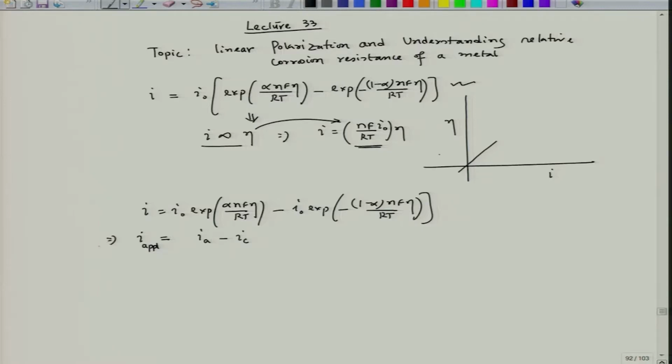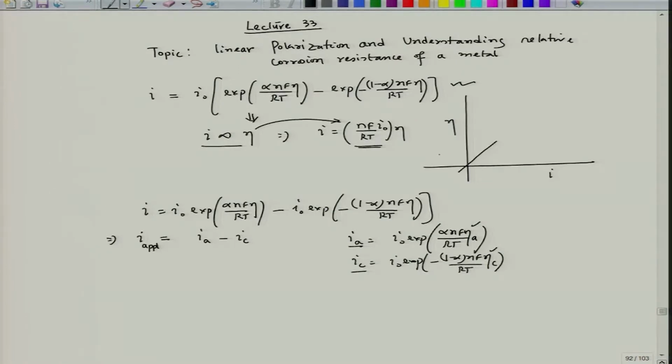So, I A equal to I 0 exponential, with the anodic over voltage, and this is the cathodic over voltage. This is the cathodic current density, and this is the anodic current density.